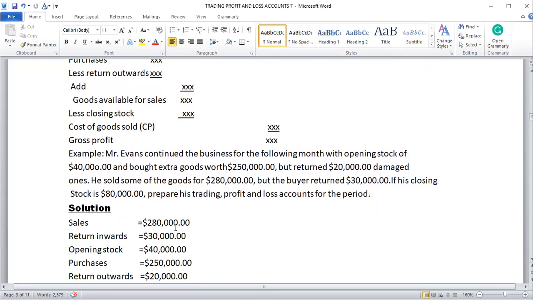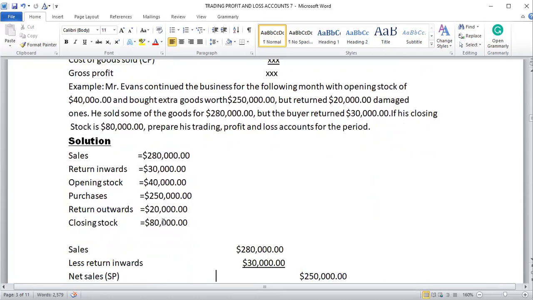Our sales is $280,000, which is this one. Our returns inwards is $30,000, which is this one. Our opening stock is $40,000, which is this one. Our purchases is $250,000, which is this one. Then returns outwards is $20,000, which is this one.